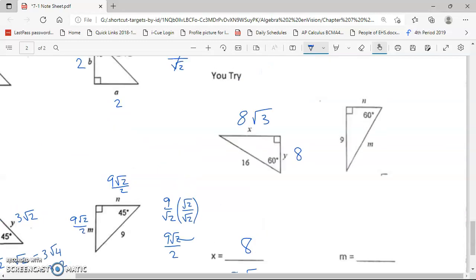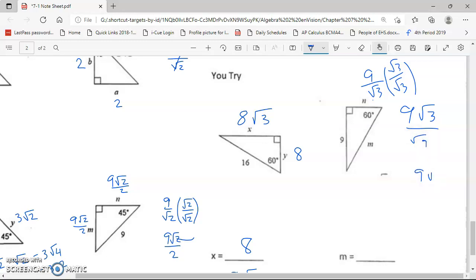And then this last one, if the long leg is 9, then the short leg is going to be 9 divided by root 3. But we don't like that because there's a square root of 3 in the denominator, so we're going to multiply by square root of 3 over square root of 3. So that winds up being 9 root 3 divided by square root of 9, which is 3.